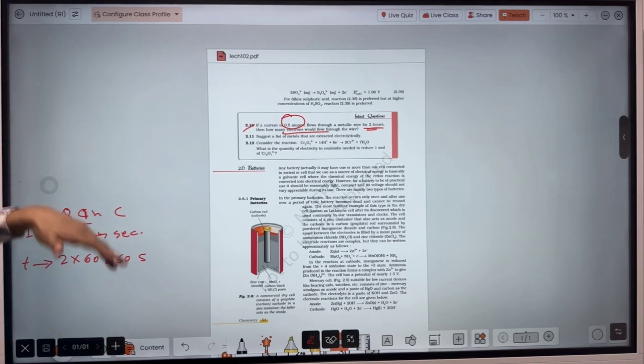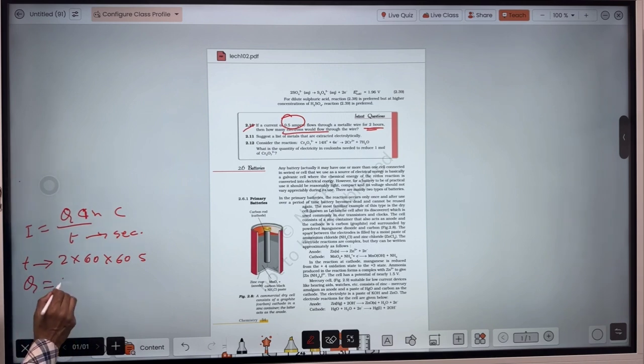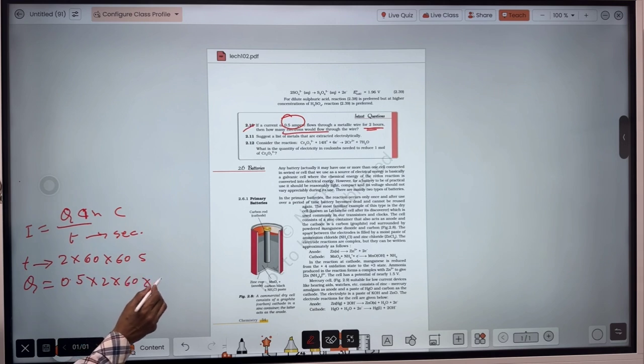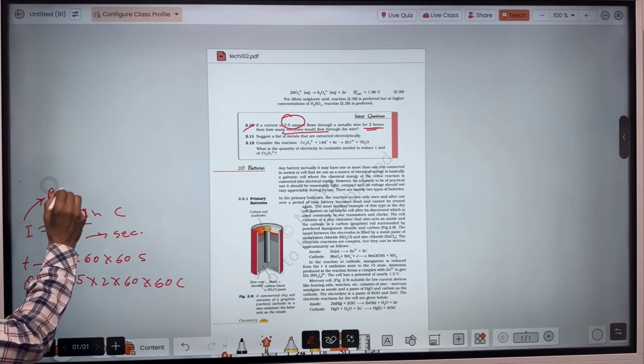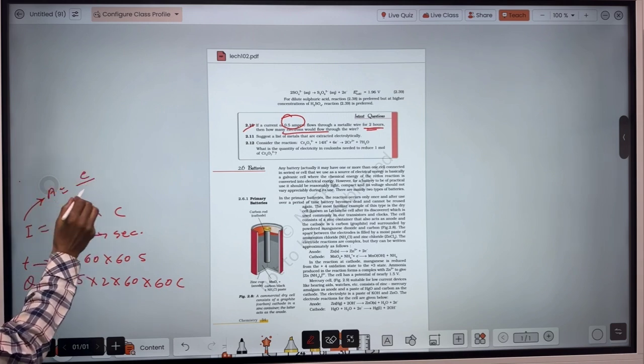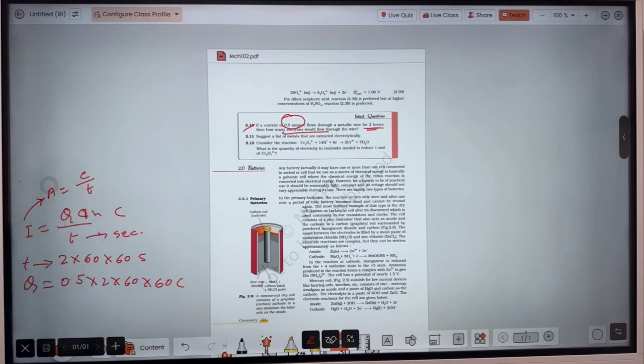Now how much charge is passing through? The charge passing is 0.5 into 2 into 60 into 60 coulomb. Why coulomb? Because current in ampere is actually charge in coulomb upon time in second.